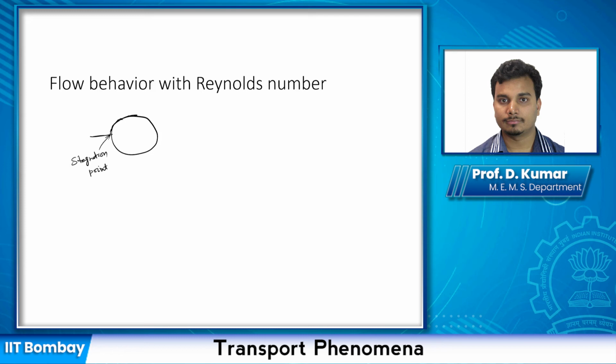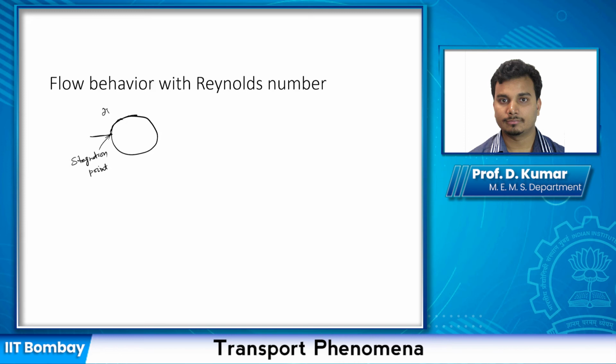At the stagnation point, all the kinetic energy of the fluid is converted to pressure. So the pressure here is very high compared to the pressure at other places on this surface. So the fluid starts rising. It follows this surface and rises up.